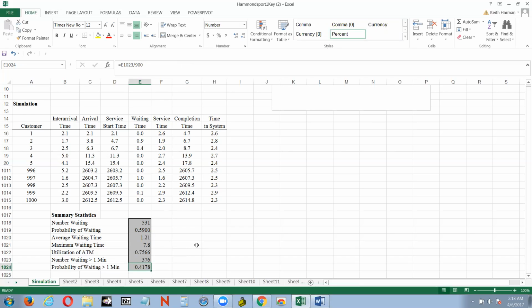Now you notice something here. If you look at the probability of those who are waiting more than a minute, 0.41, or basically we could call it roughly 0.42. If you look up here, the probability of waiting is 0.59. So you have about a 59% chance you'll be waiting, and overall, the probability of waiting greater than a minute is 0.41.